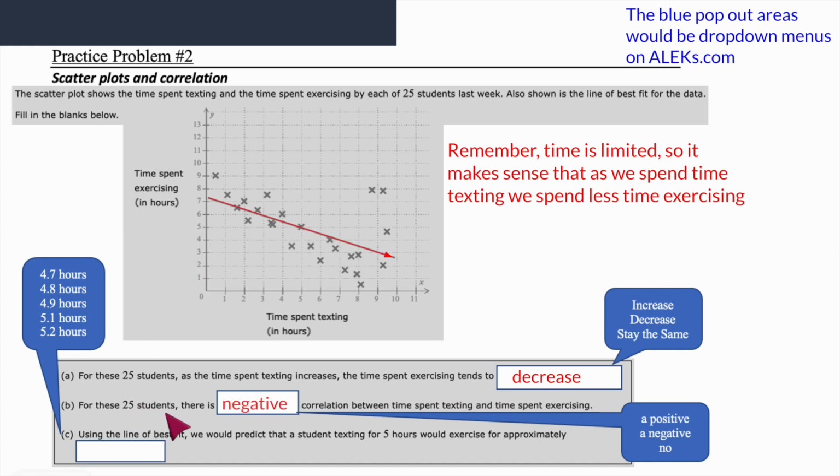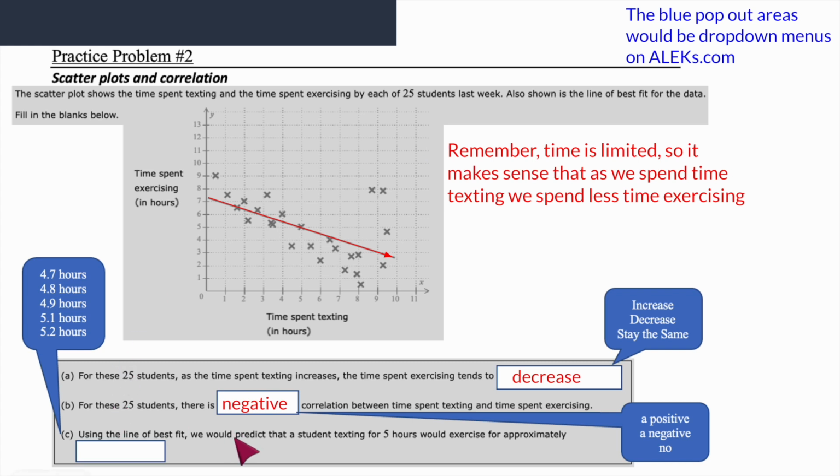For 25 students, there is a negative correlation between the time spent texting and the time spent exercising. We see that because I'm using red for the negative slope. If it's going down from left to right, that's a negative correlation. If it was going up from left to right, that would be a positive correlation. So that's just the basics of slope there.